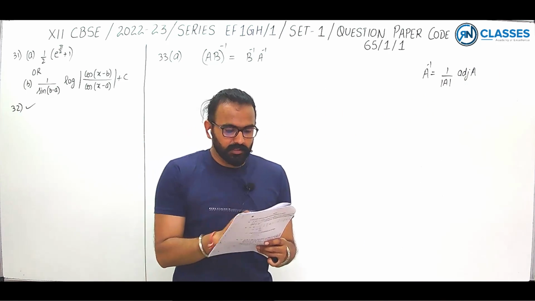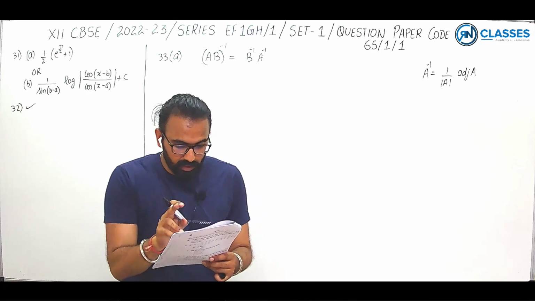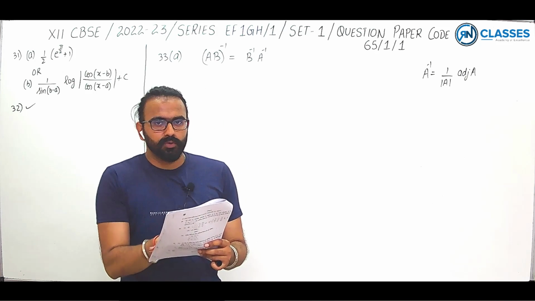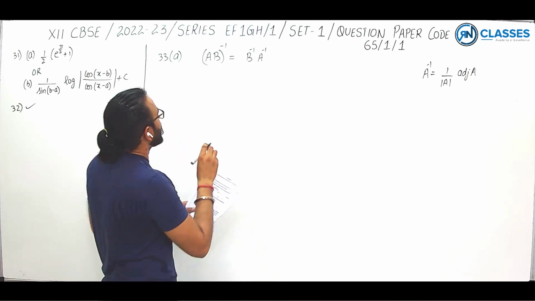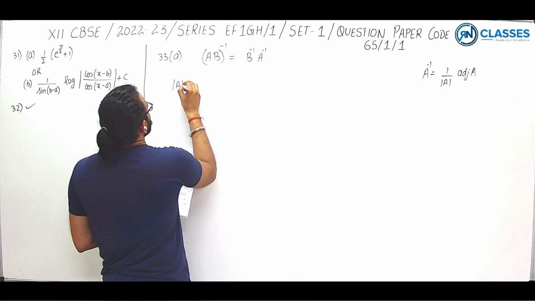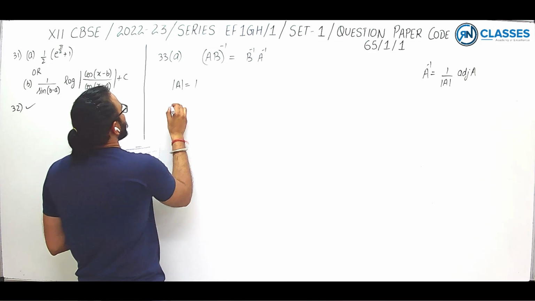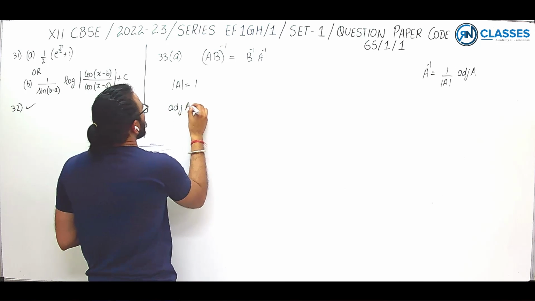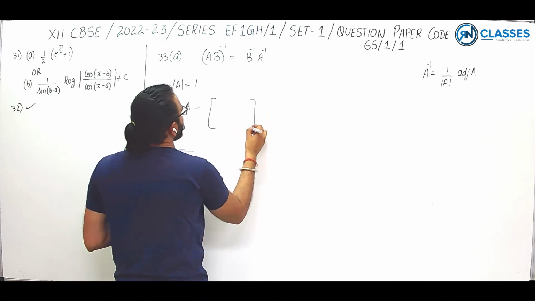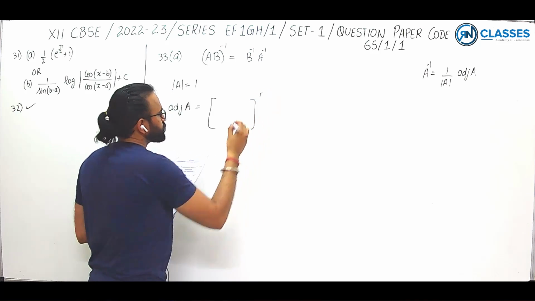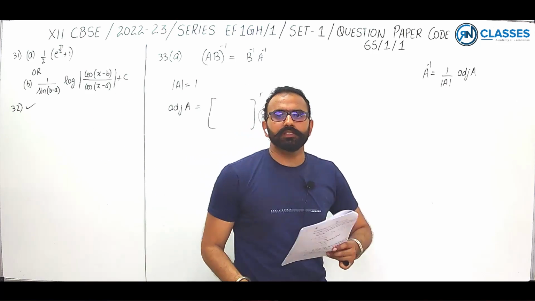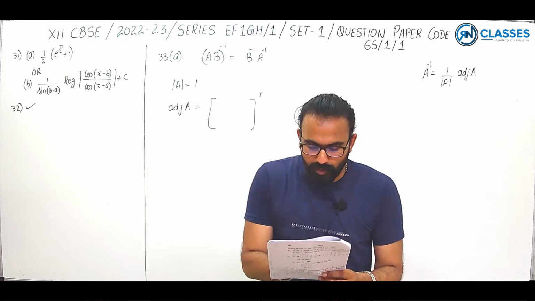Determinant of A we can easily find because matrix A हमें given है from the first row. Using first row, अगर आप determinant of A evaluate करोगे, answer turns out to be 1. And now we have to find adjoint of A. Adjoint of A is basically transpose of a cofactor matrix. Cofactors you can easily find corresponding to each element.